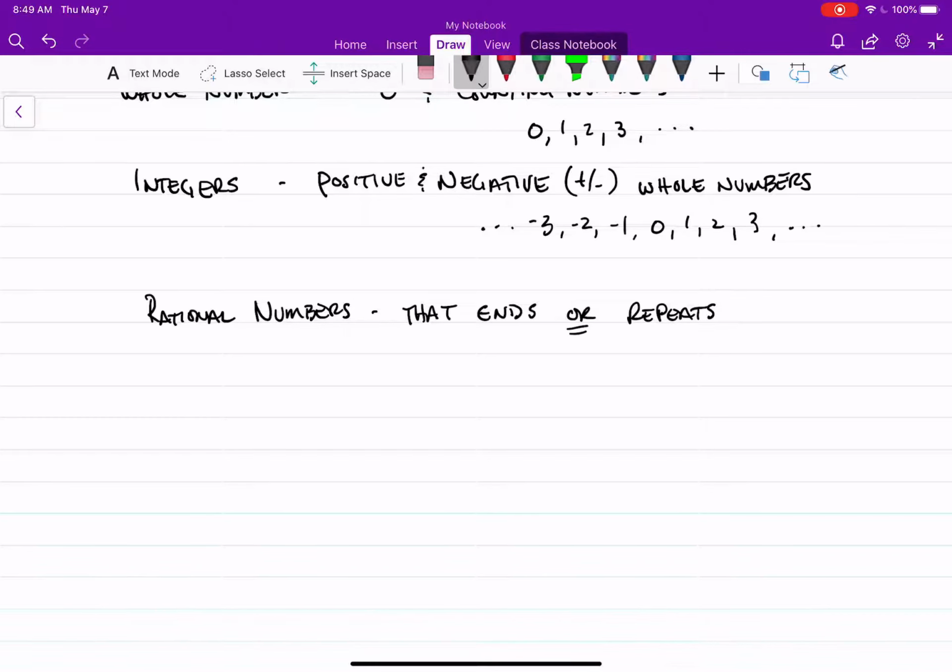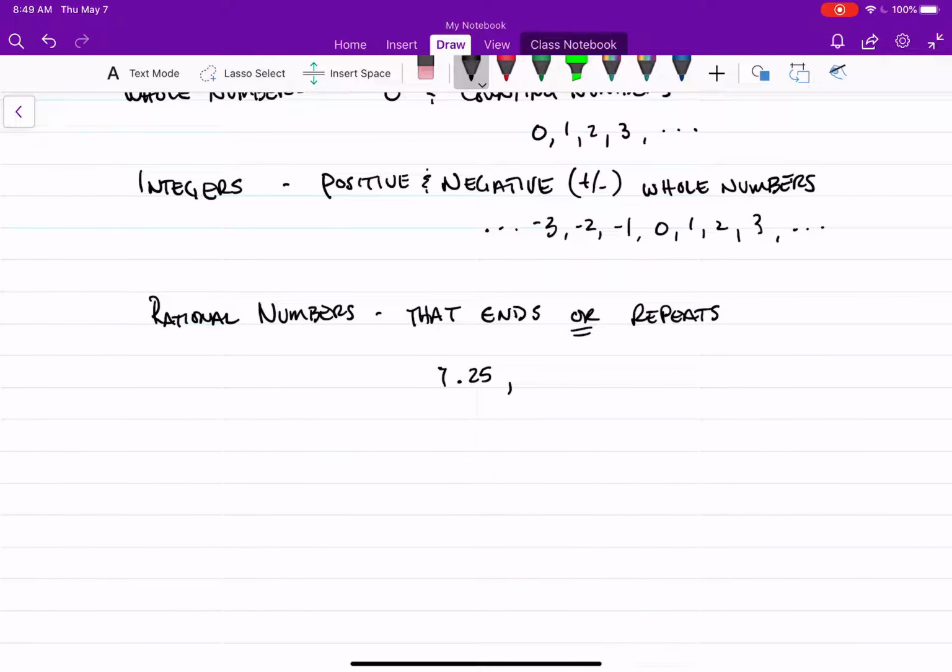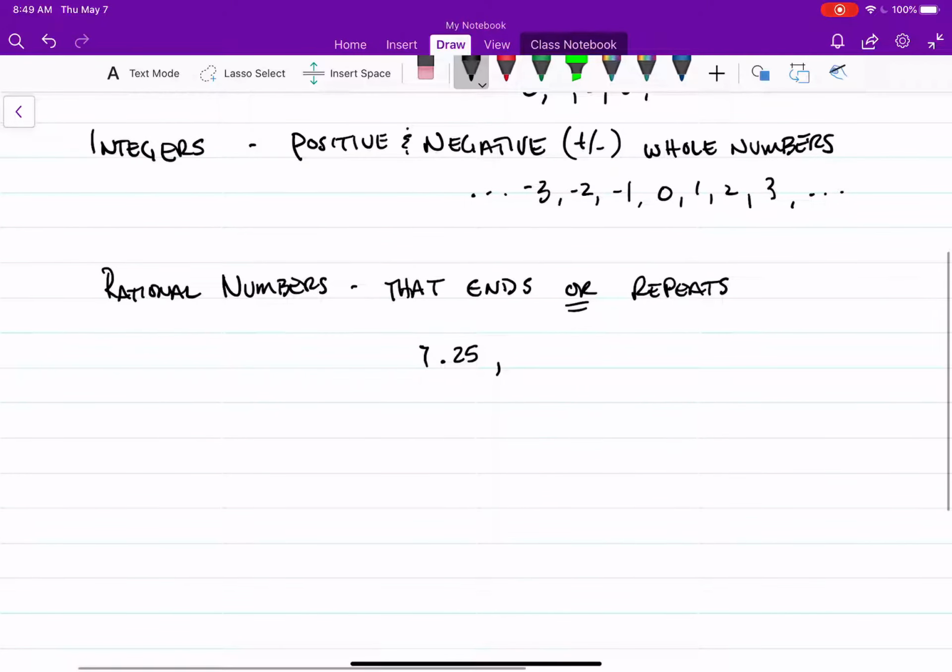So, for example, 0.25, or let's even say 7.25, right? It ended. It's done. No more. Okay? That would be a rational number.